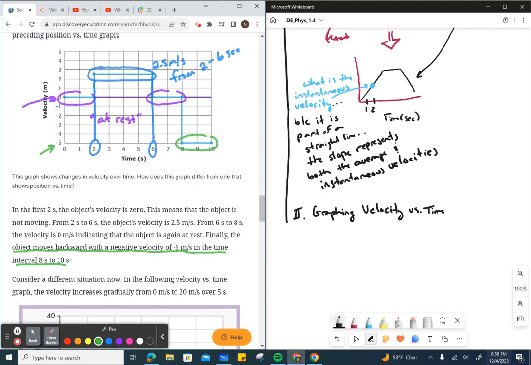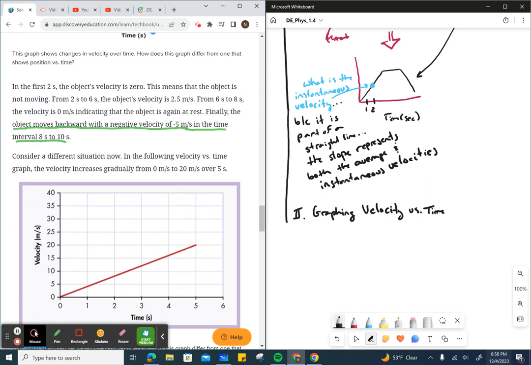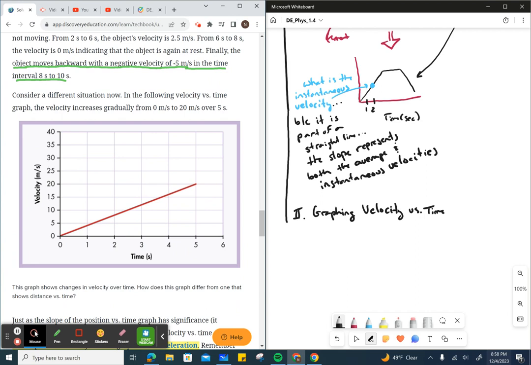Okay, so graphing velocity over time. Here's another graph, velocity over time. In the following velocity versus time graph, the velocity increases gradually. This is still a straight line.